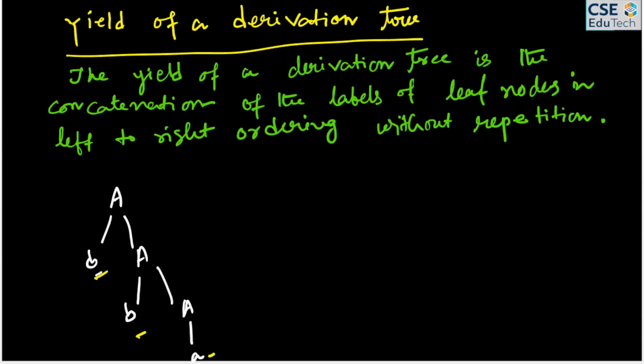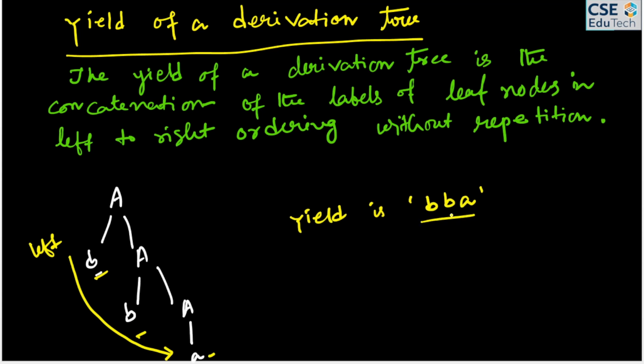We have to concatenate the leaf nodes in left to right ordering, without repetition. So the yield of this derivation tree will be obviously ba. So this is basically the yield of a derivation tree.